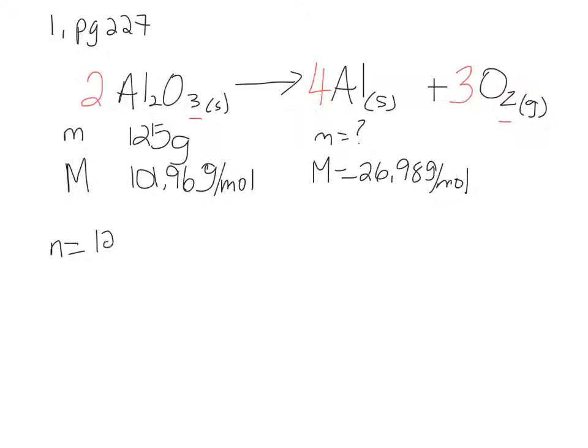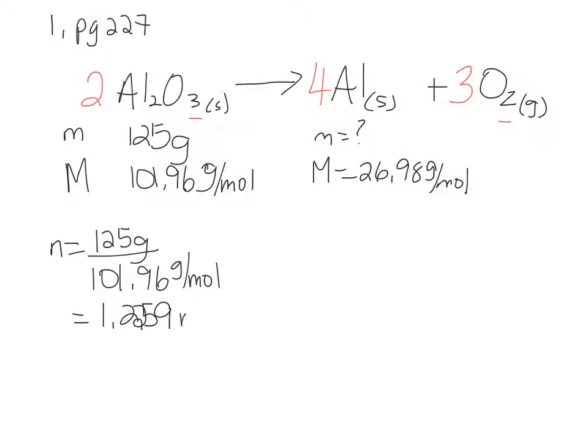So it's mass divided by molar mass. Carry at least one extra significant digit because this is not our final answer. So we've got that number of moles of aluminum oxide.